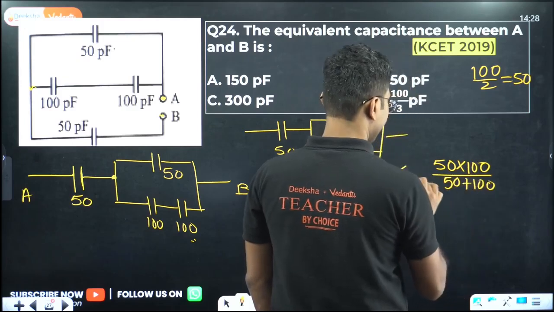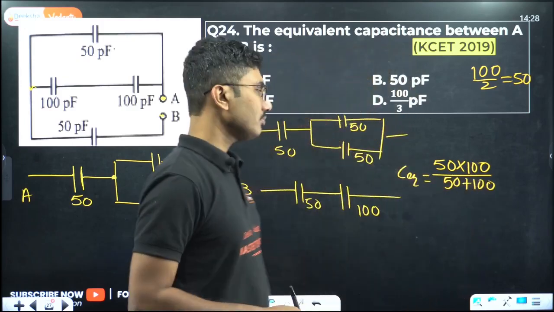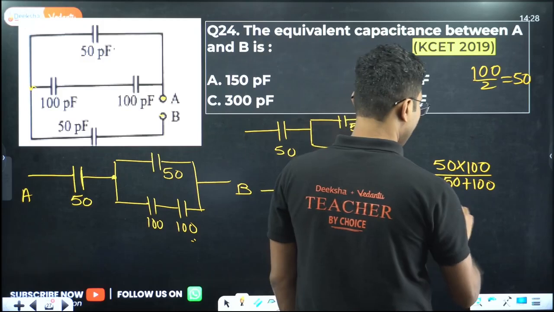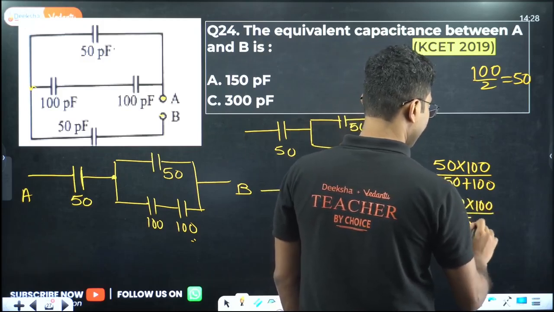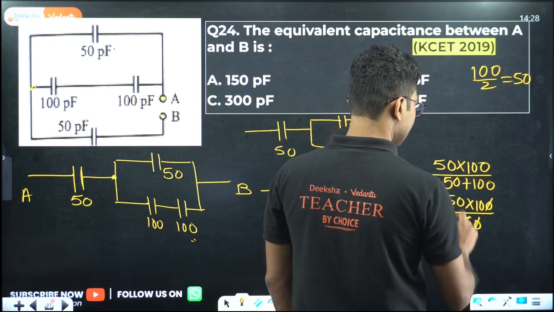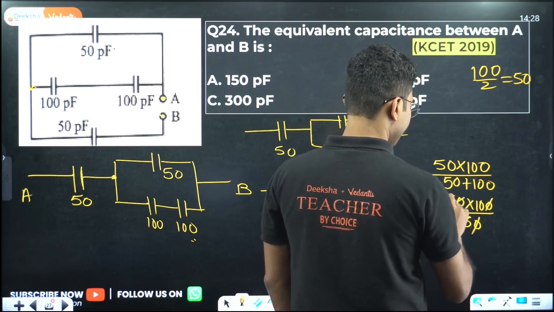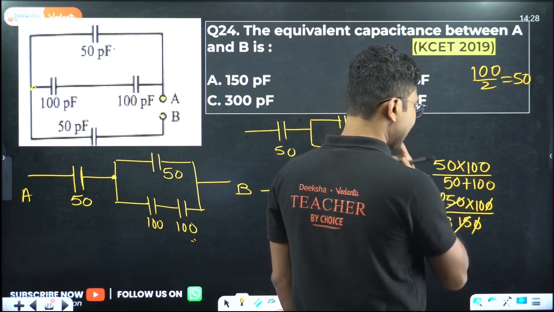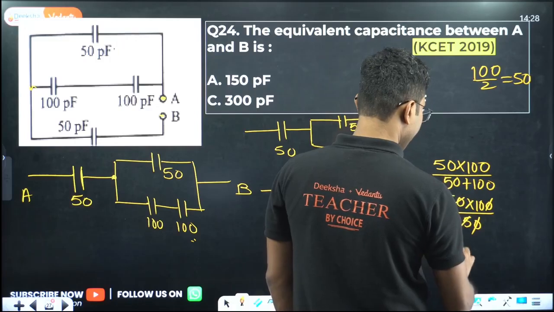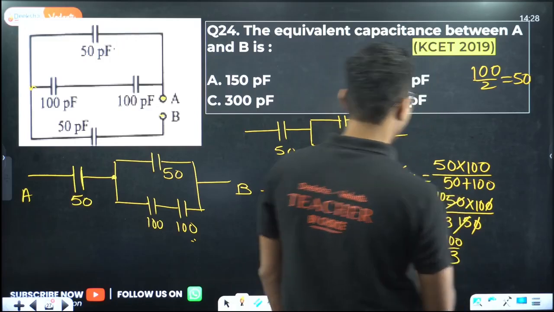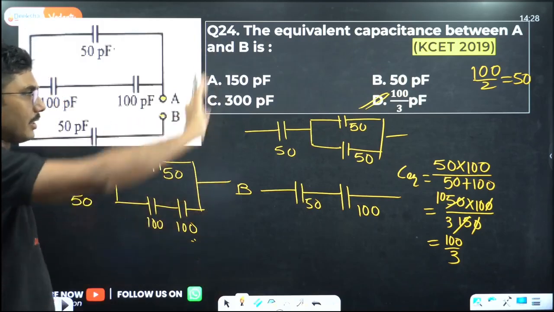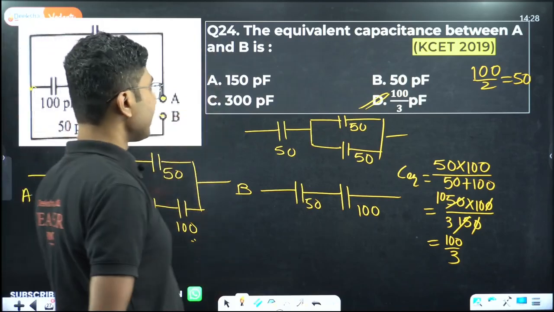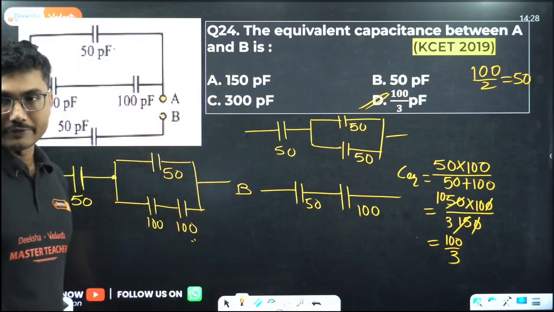This is the C equivalent, right? Simplify: 50 into 100 divided by 150, the zeros cancel, 3 5s are 15, so it will be 100 by 3 picofarad. You don't need to simplify it. The answer itself is given as 100 by 3. So 100 by 3 picofarad is the equivalent capacitance.